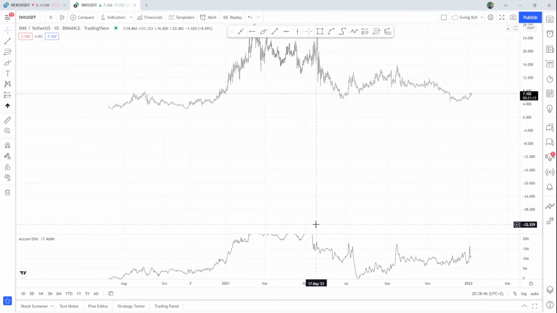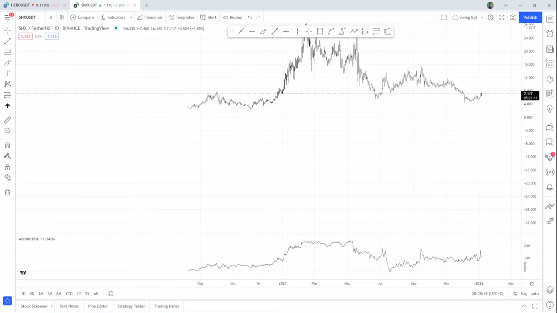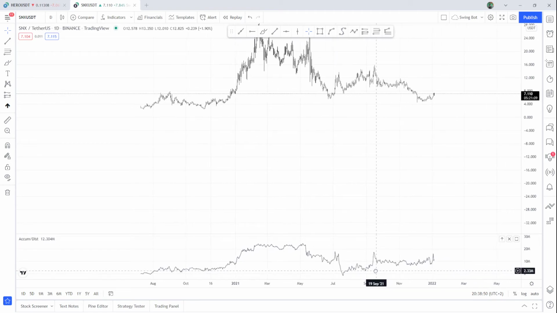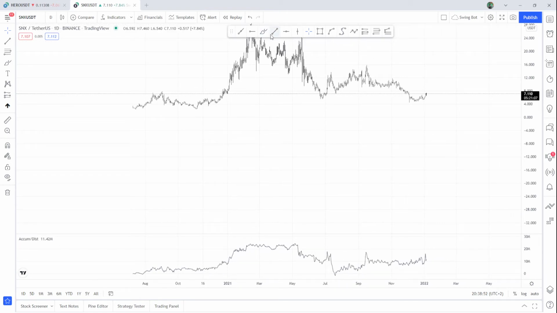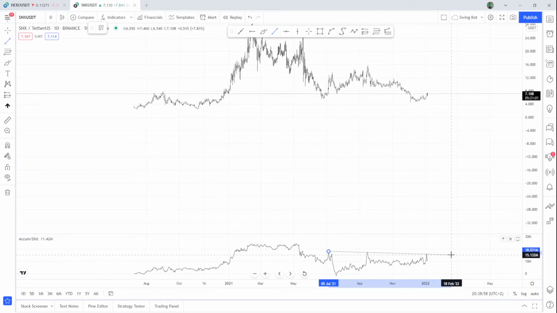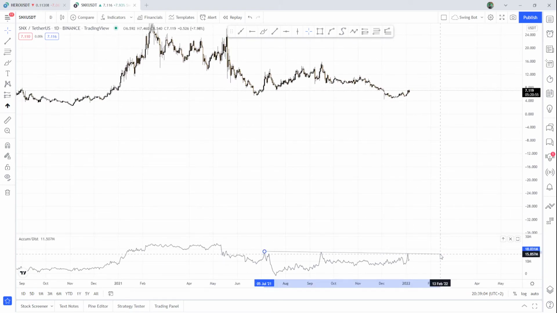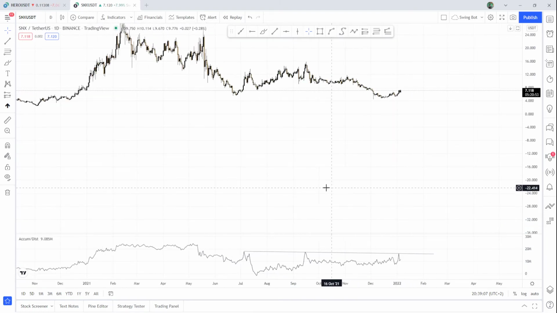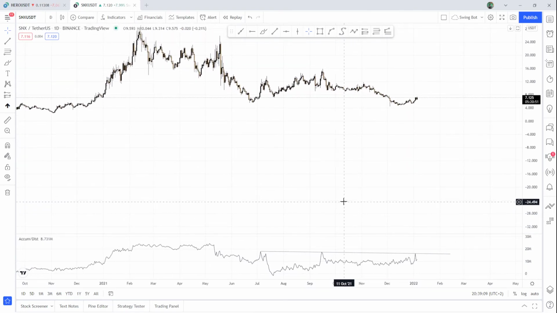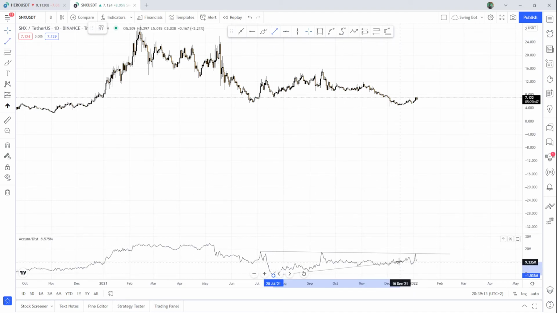One second, let me see if I can. Okay, let's see if I can draw a bigger one like this. Okay, so actually this is the resistance right now on this coin, and let's see what we have here.